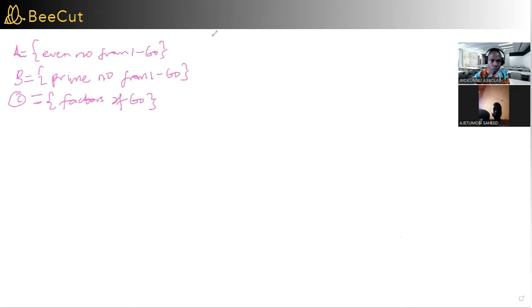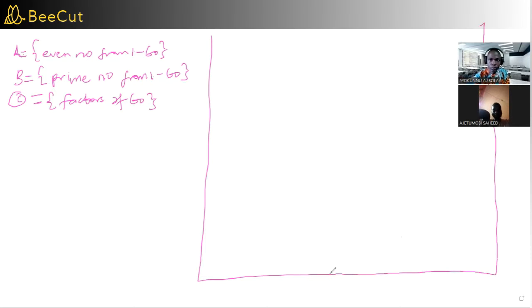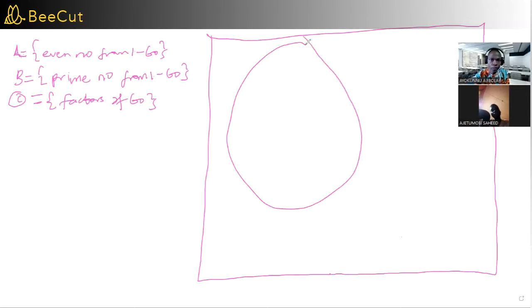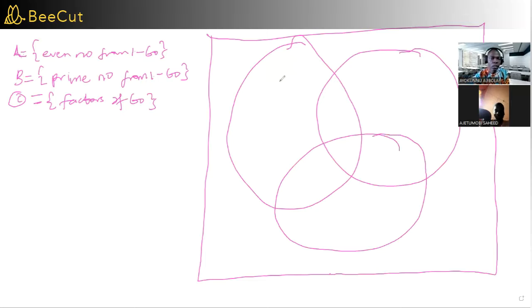So we're now trying to compare that in a Venn diagram. Let me draw this Venn diagram now. So we're going to have circles to represent them. If this is A, and this is B, and this is C, then let's say A, B, C. Now in set A, we have even numbers, and in set B, we have prime numbers.